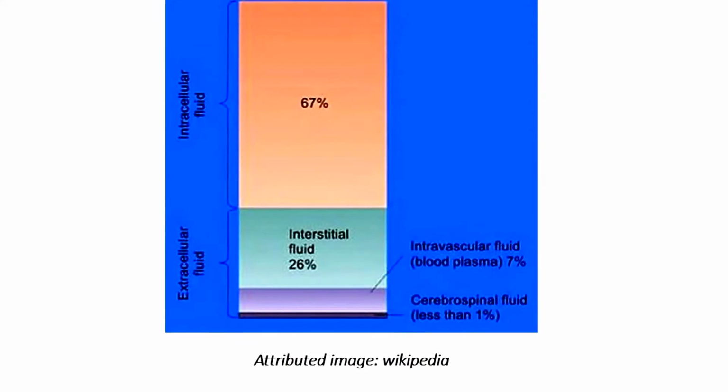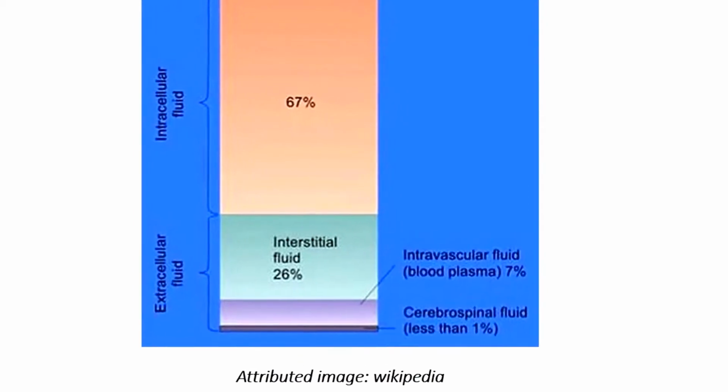In the extracellular space, it may be within the blood circulation, known as the plasma volume, or it may be between cells outside of the circulatory system in what's called interstitial fluid. When you look at the extracellular fluid as a group, comprising 1/3 of our total body water, most of the fluid in the extracellular space is found in the interstitium, with a small amount found in the actual plasma volume.